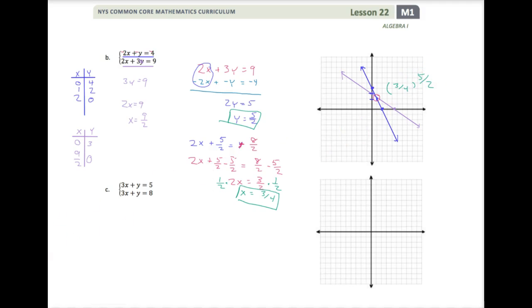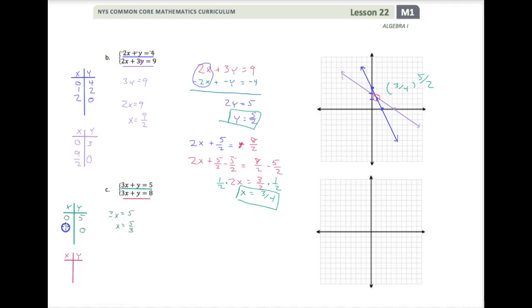Yay. Well, now that I've remembered there's an easy way to do a problem, let's go ahead and use 0 for x and 0 for y. If x is 0, then this is 0 and y becomes 5. If y is 0, then we get 3x equals 5, and that means x is going to equal 5/3.